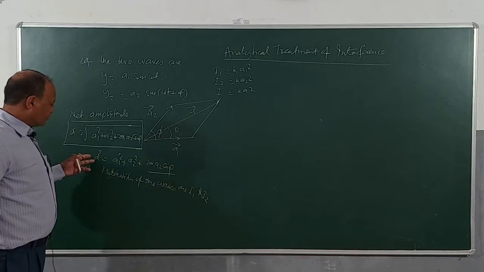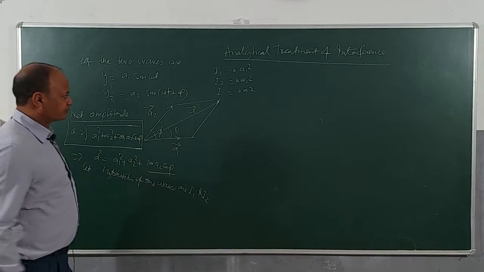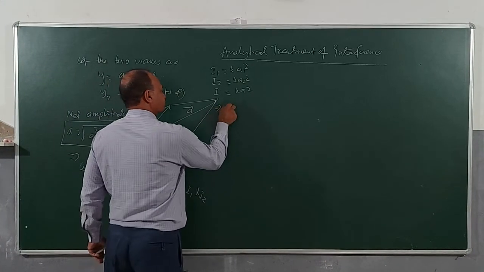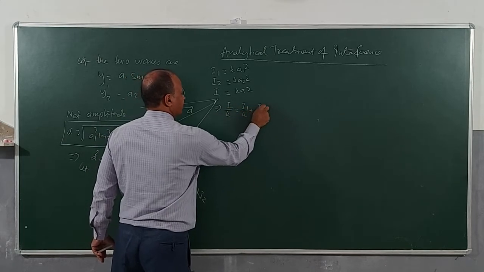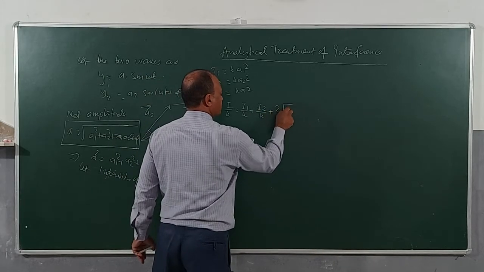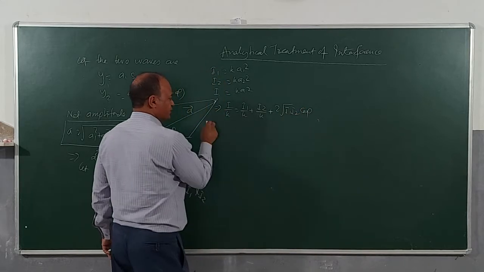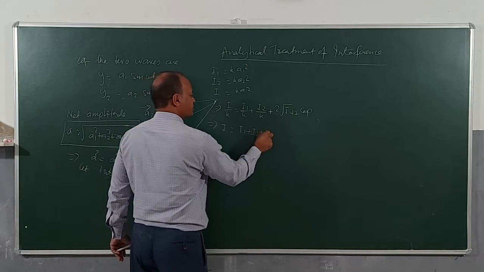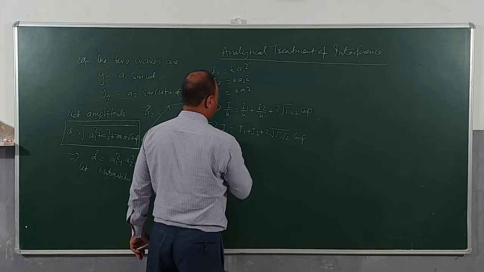If I replace the values of A1, A2 and A, then I will be getting I by K is equal to I1 by K plus I2 by K plus 2 root I1 I2 cos phi. If we cancel out K from both sides, then net intensity becomes I equals I1 plus I2 plus 2 root over I1 I2 cos phi.